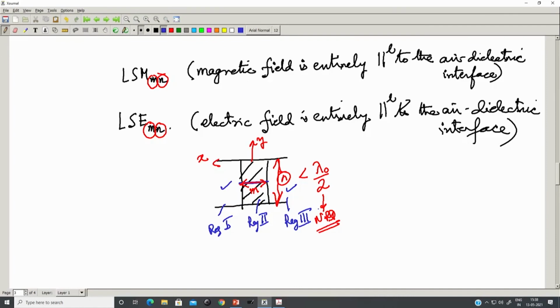However, the presence of the dielectric in region 2 removes the cutoff condition between the ground planes and causes the EM waves to propagate down the structure, essentially confined within the dielectric strip. So, the presence of the dielectric will remove the cutoff condition and enable the waves to propagate inside the dielectric strip.